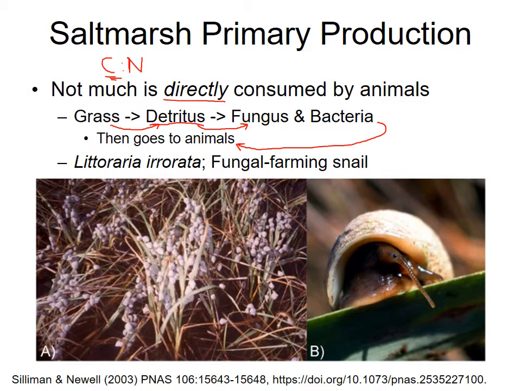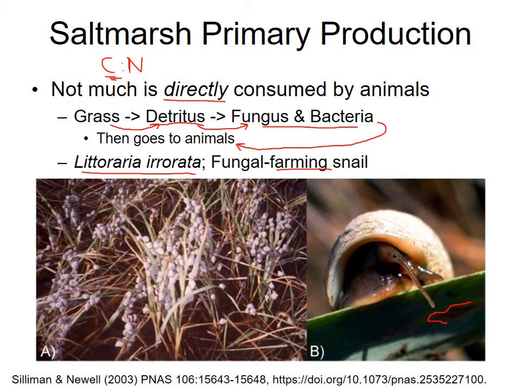And one of the animals that eats these fungi and bacteria on the salt marsh blades is Littoraria irrorata. It's a type of snail that lives in these intertidal salt marsh habitats. It's called the salt marsh periwinkle, I believe. And scientists in the early 2000s discovered that these things seem to be intentionally farming the fungus. So what they do is they crawl up and down the blade, just kind of scarring it a little bit.